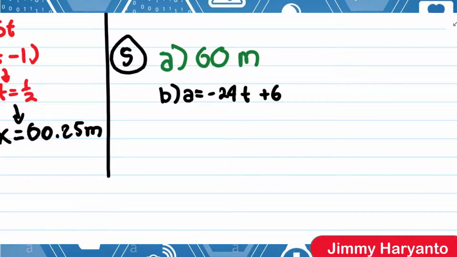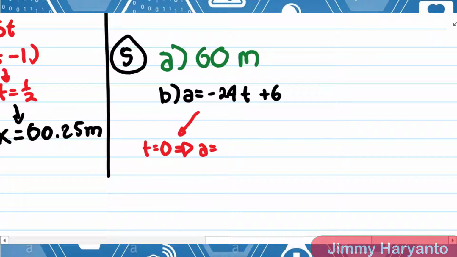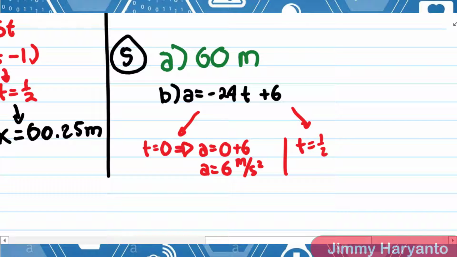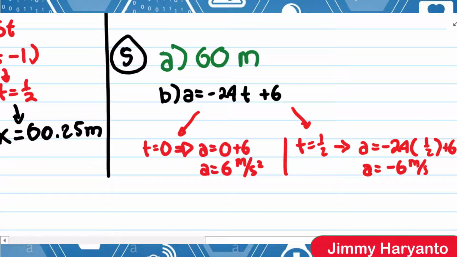I will start calculating the acceleration when t equals 0. When t equals 0, the acceleration will be 0 plus 6, so a equals 6 meters per second square. And then for t equals half, you will have a equals negative 24 times half plus 6, so the acceleration will be negative 12 plus 6, negative 6 meters per second square.